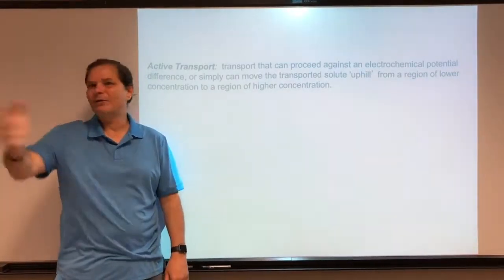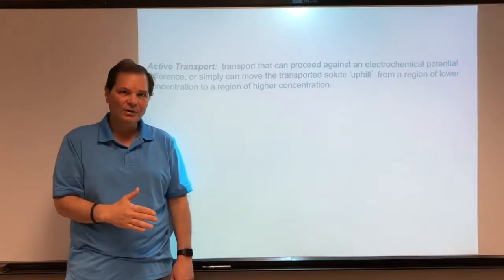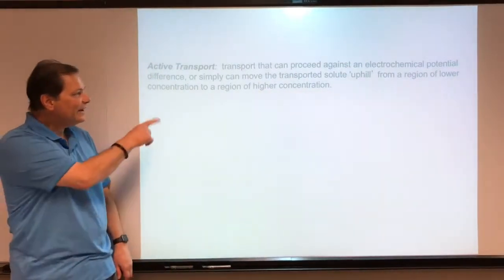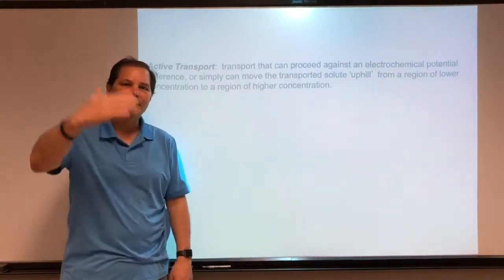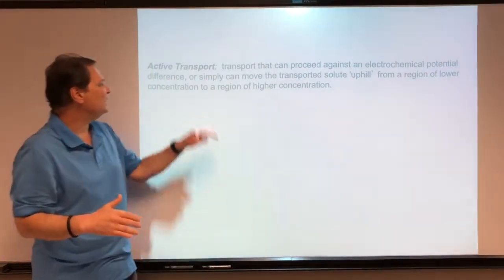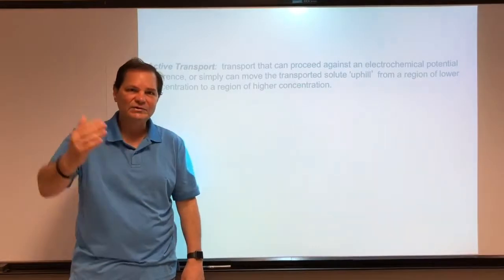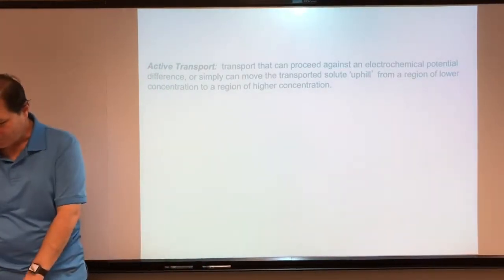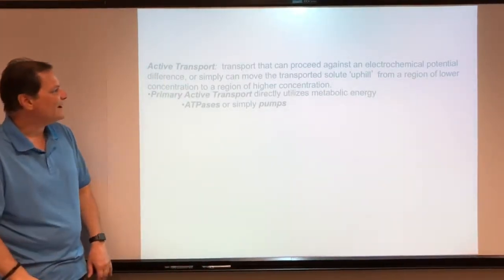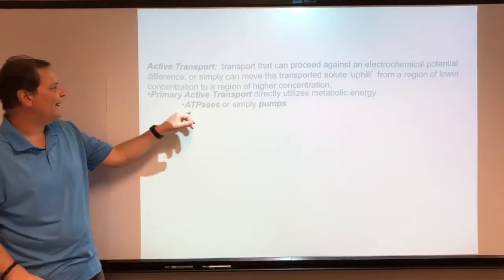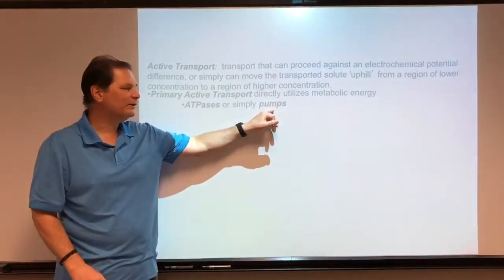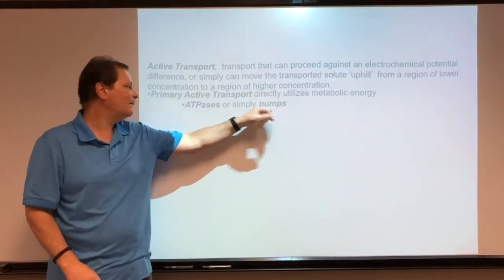Facilitated diffusion only happens from high concentration to low concentration. This happens when this can pump molecules, use energy in the form of ATP to move molecules from low concentration to high concentration. Okay? Primary active transport is when ATP is directly utilized to move a molecule up its gradient.